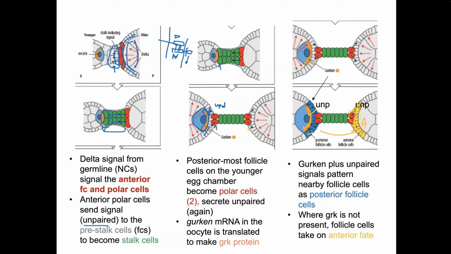If they only get the one set of information, then they know they're at either the anterior or posterior end, and without the Gurken protein, they take on that anterior fate. Hopefully that's clear.